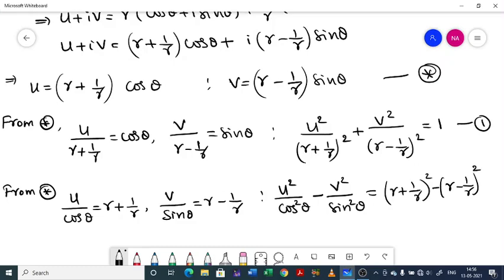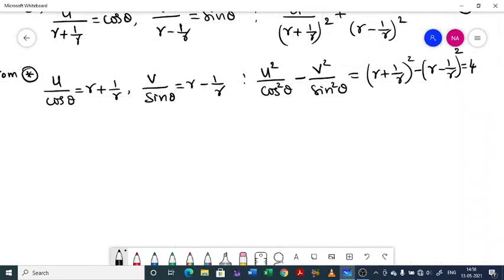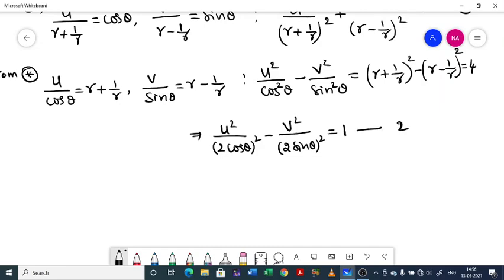You can simplify this and check that it equals 4. Thus we have U square by (2 cos theta) whole square minus V square by (2 sin theta) whole square equal to 1. This is equation 2.